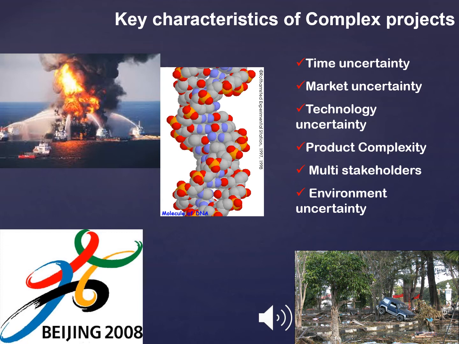Environmental uncertainty is related to external factors to the project that affect the project. Two examples: the tsunami case and, second, the Deepwater Horizon case. There were environmental problems, external problems to the project that affected the project. In the Deepwater Horizon case, for example, there were two things.